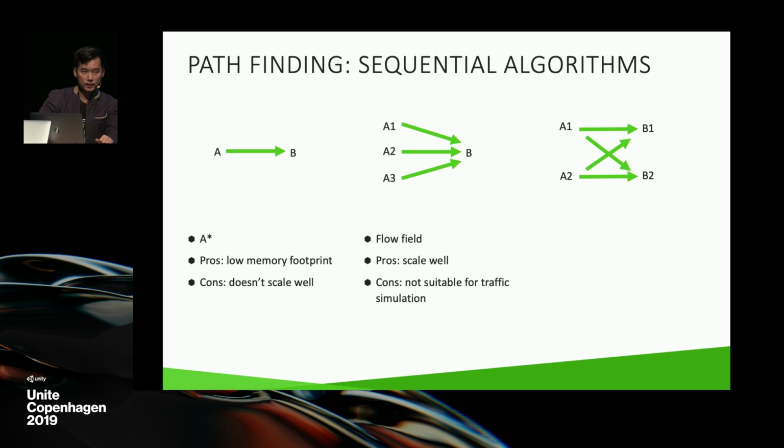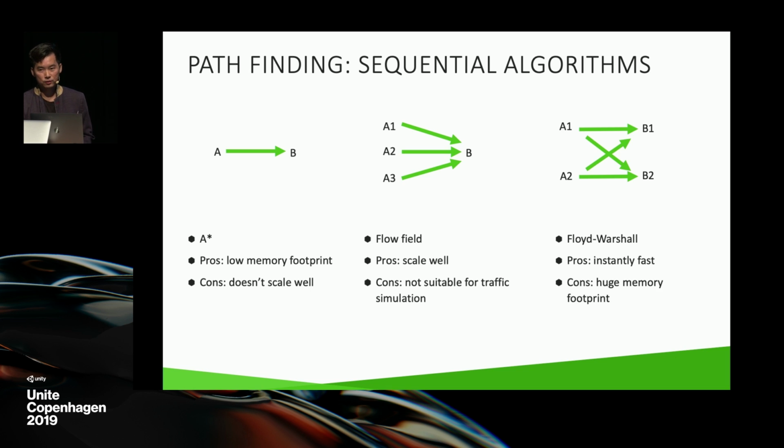So kind of the only choice that I can take here is the Floyd-Warshall algorithm. The pro is that it's instantly fast, giving you the path for every single pair of source and destination. Why is it so fast? Because basically it computes everything up front and stores it in a huge cache.